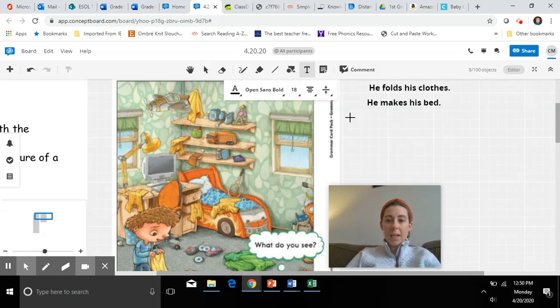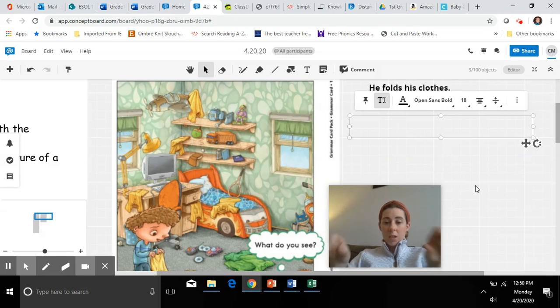You could say, "He folds his clothes, he makes his bed," or you could connect them together to make one sentence. How could we do that? We start the same way. He folds his clothes, but instead of putting a period there, I'm going to use my conjunction and.